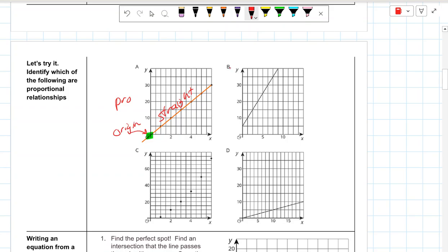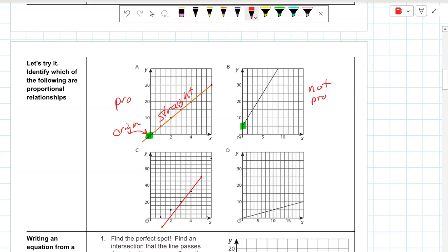Let's take a look at letter B. This line is straight, but it is not going through the origin. It's passing through the y-axis at 5. So this one is not pro. Let's take a look at C. C has points, so we're going to draw a line connecting all the points, a nice straight one.